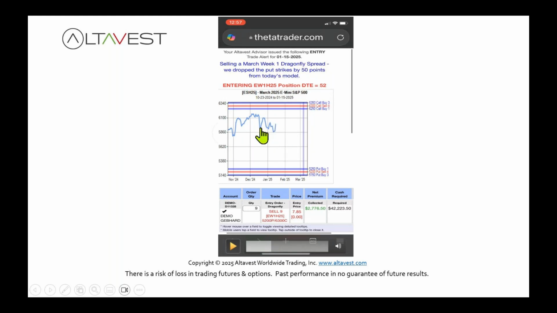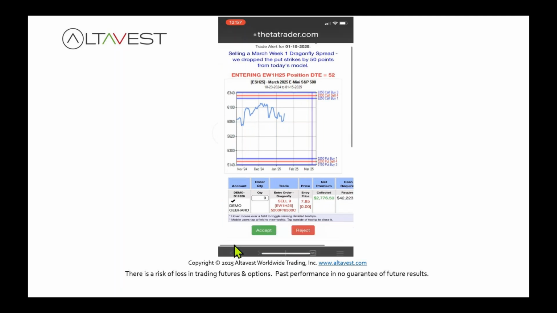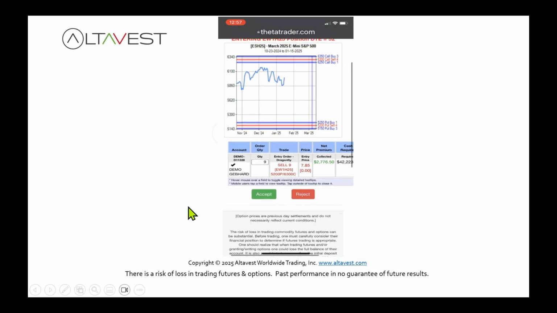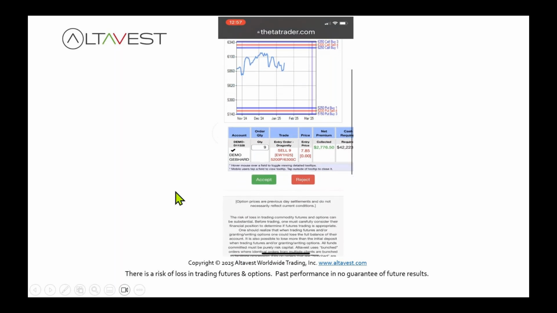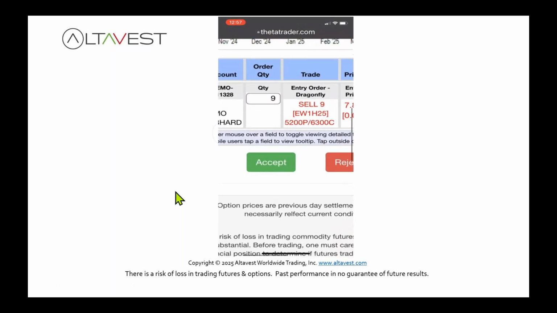You get a graph of the trade. Should be kind of familiar as to what we just saw. See the quantity pre-selected for you. In this case, 9. There's your premium collected, the entry price. So you can take a look at that trade and make a decision if you'd like to accept it or reject it.